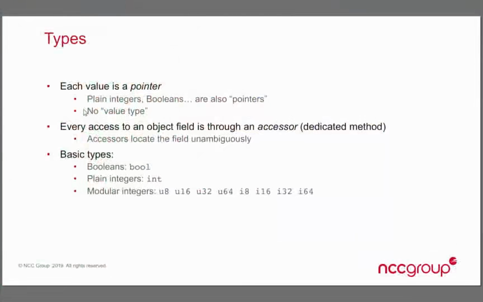So I had to define some types. I've seen some structures. So I have decided that every value is a pointer. I mean, even a plain integer is a pointer. It's just a formalist trick. I say that when you have a value 5, it's not 5. It's a pointer to a virtual instance which incarnates the value 5, which allows me to say that everything is a pointer.